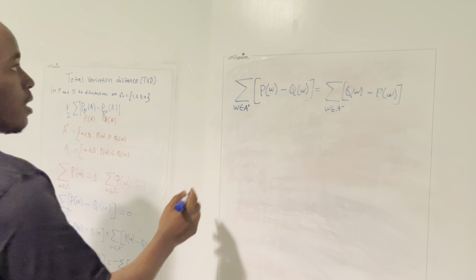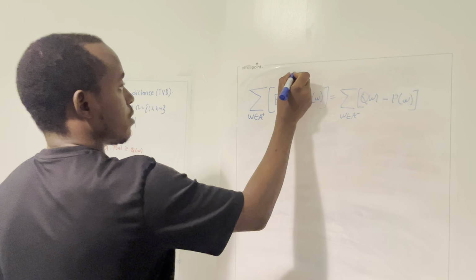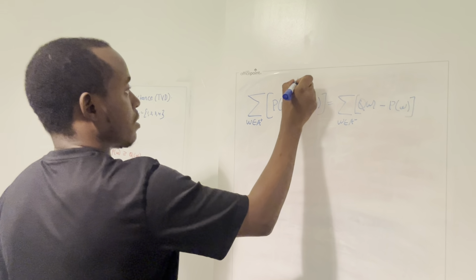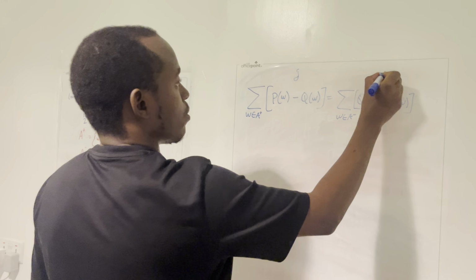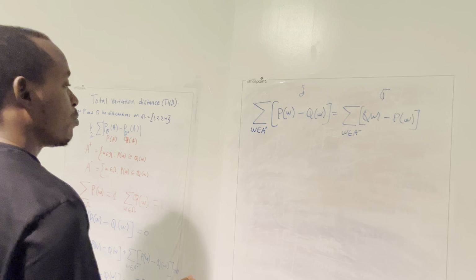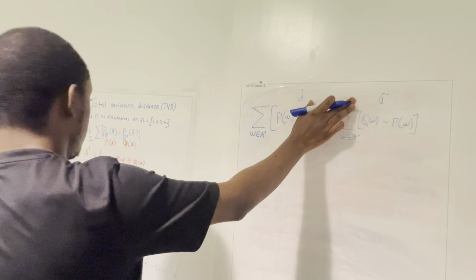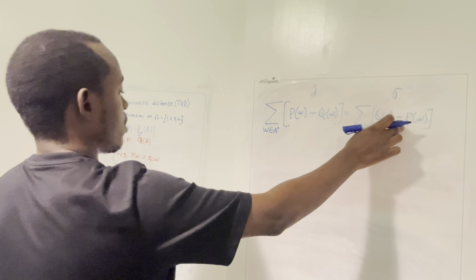So we're going to denote this, which is like a difference between them. We're going to denote this to be delta, and I think you see it. They're basically equal. So that equals delta. They're all equal to delta. That means when you consider this form, Q minus P, it's actually equal to delta.